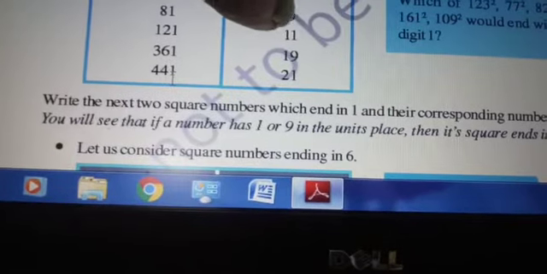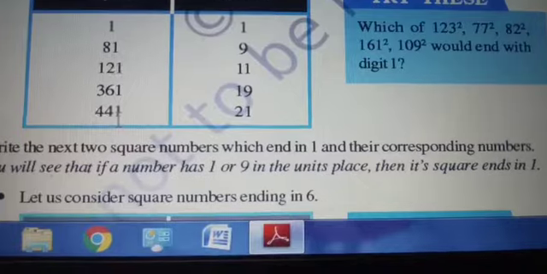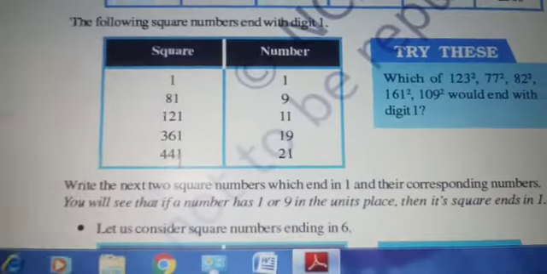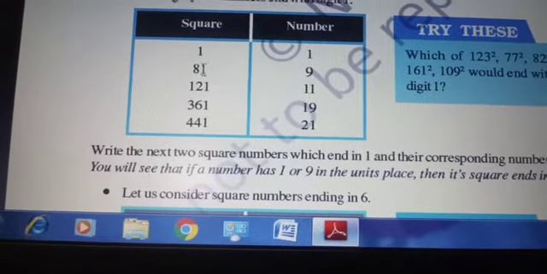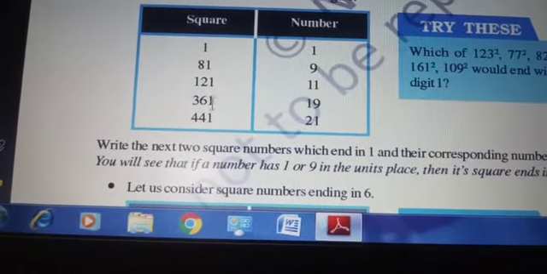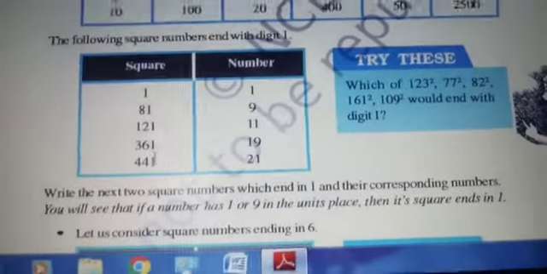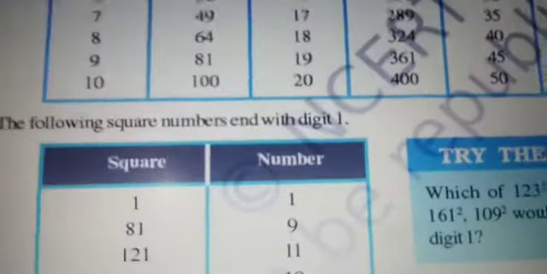So, which is the last digit, okay? In the ones place, if a number has 1 or 9, then the square will have 1 in its ones place. So that is your next property. Underline this, children, and you can learn this also. You can keep some tricks and learn it.